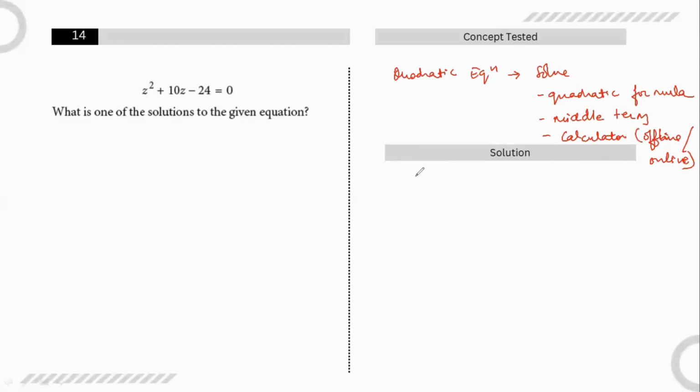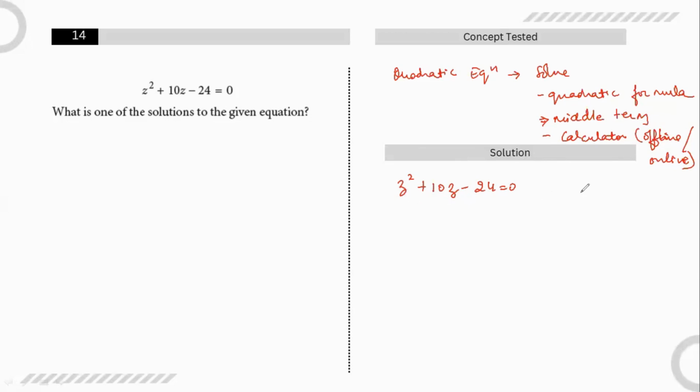Now starting with the question, that is z raised to power 2 plus 10z minus 24 is equal to 0. Let's try solving with middle term splitting, right? Because this is the most powerful way of solving a quadratic equation.